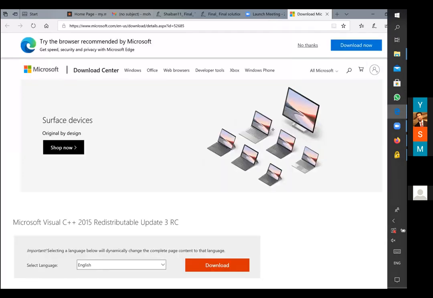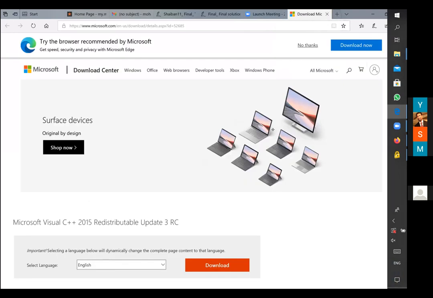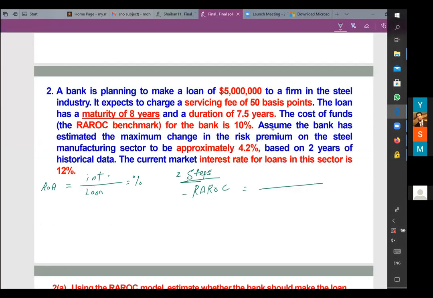So I need to calculate the spread and the fees.